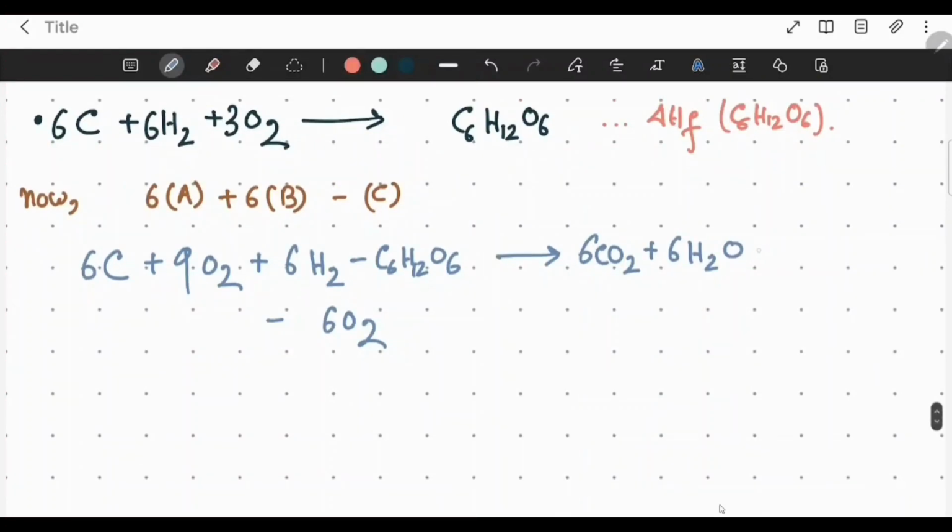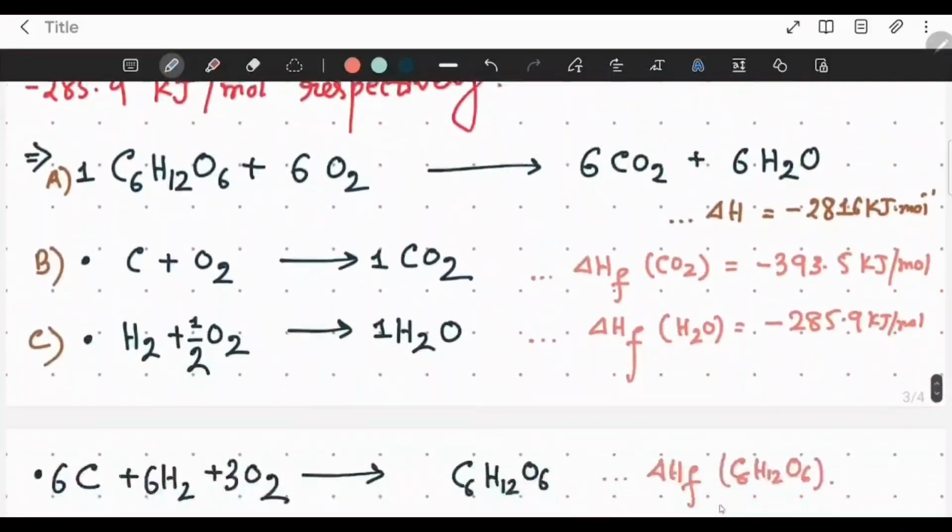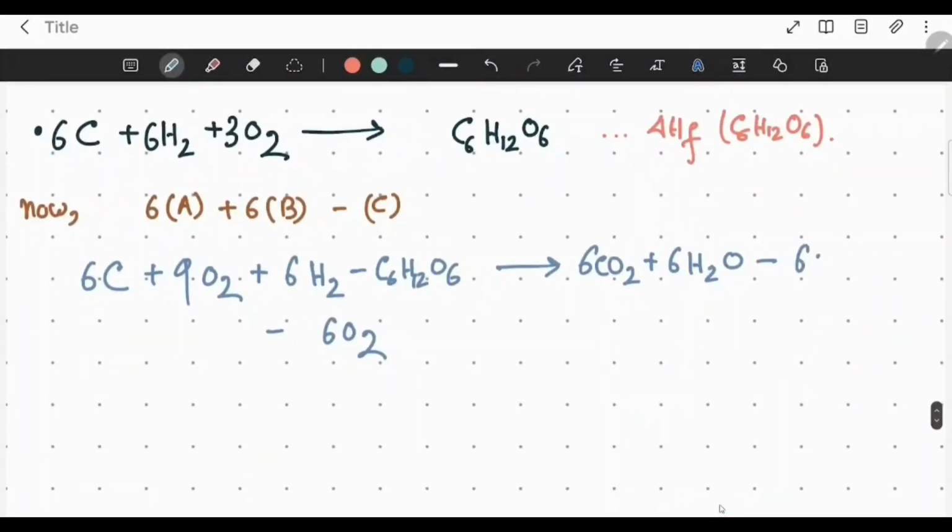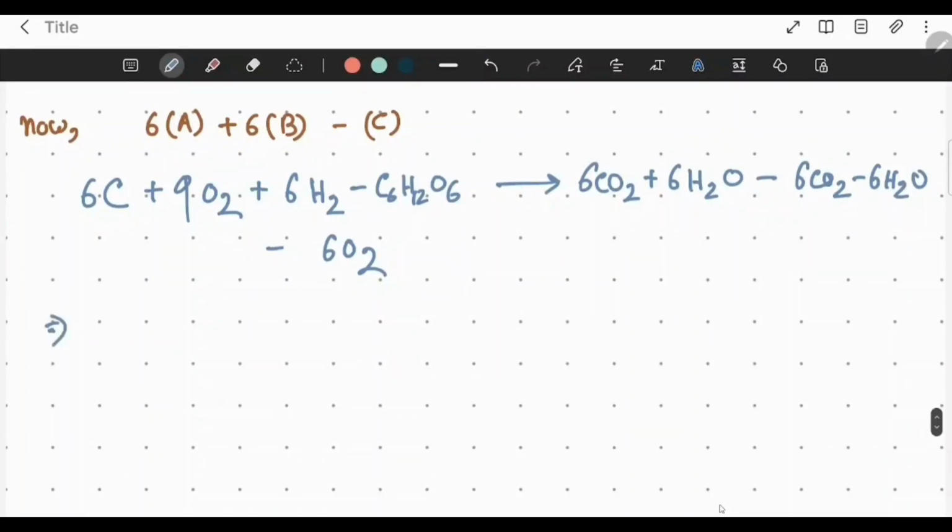And on this side it will be minus 6CO2, 6H2O. Okay, so eventually it means 6C plus 6H2 plus 3O2 gives C6H12O6.